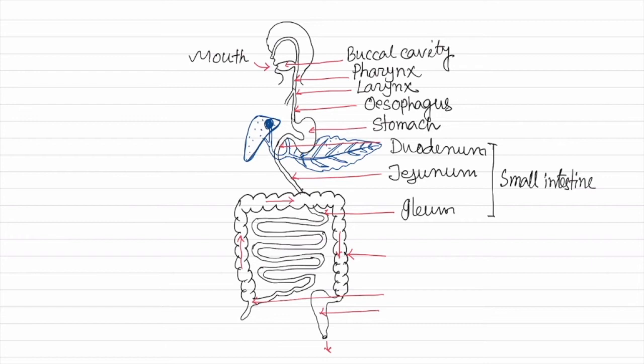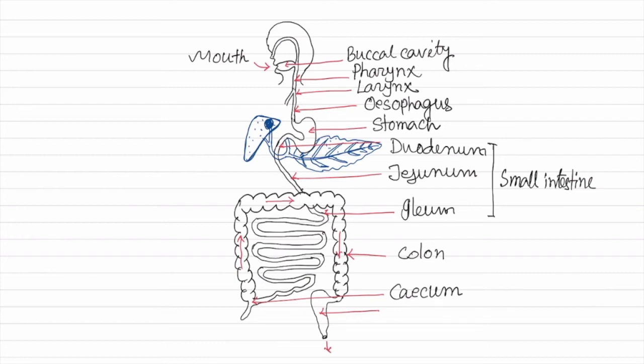And then the large intestine starts at the end of the small intestine. There are mainly three parts of the large intestine. First of all, the connector between the small intestine and large intestine is the caecum. Then the colon. The colon can be divided into three: ascending colon, transverse colon, and descending colon.